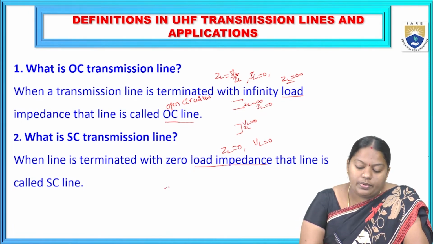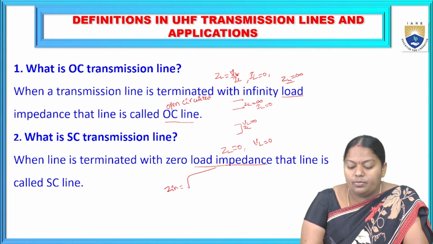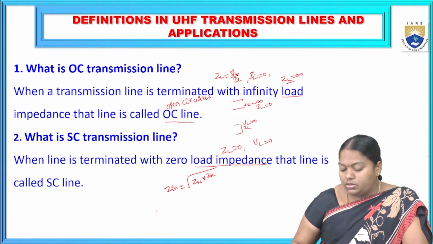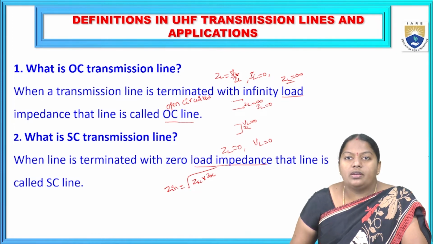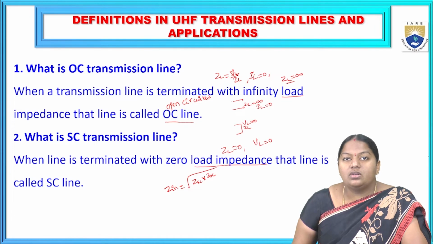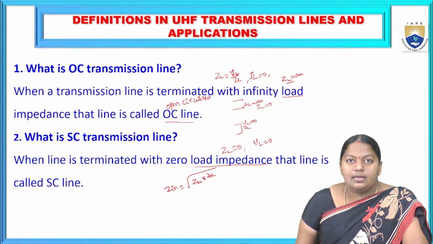The characteristic impedance Z0 of a transmission line can be expressed in terms of the short circuited and open circuited impedances, given by Z0 equal to root over ZSC into ZOC, right?